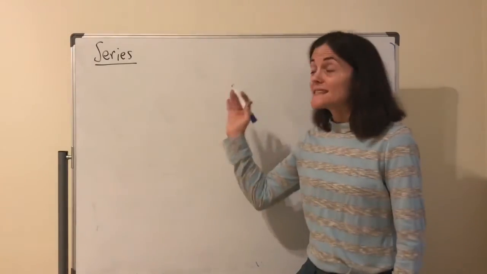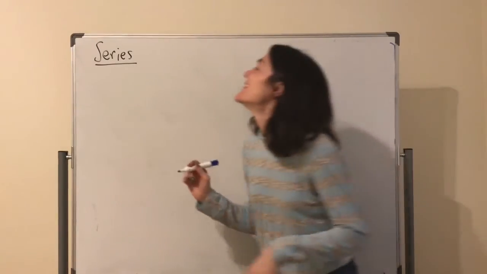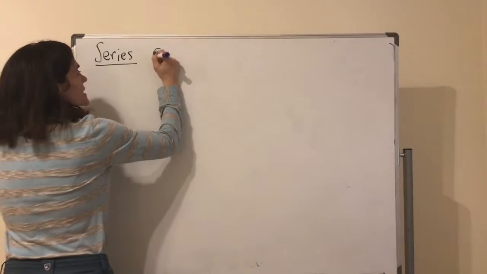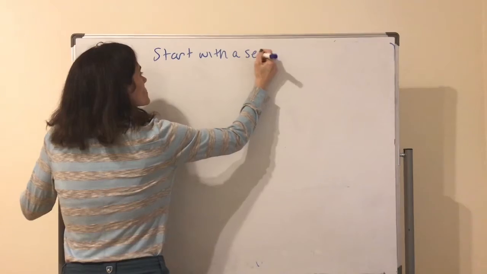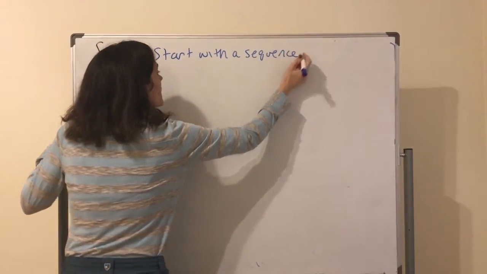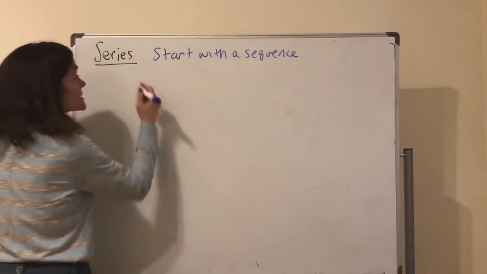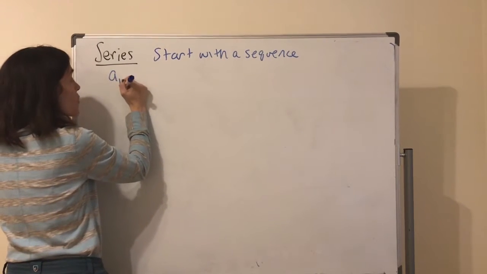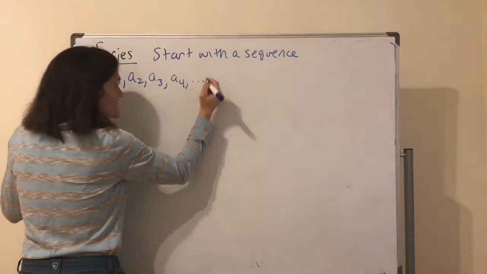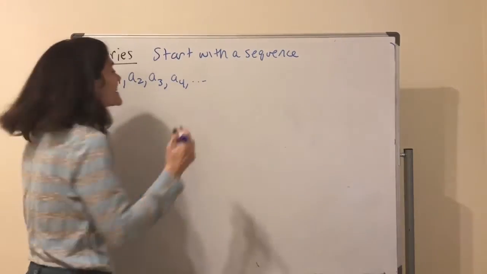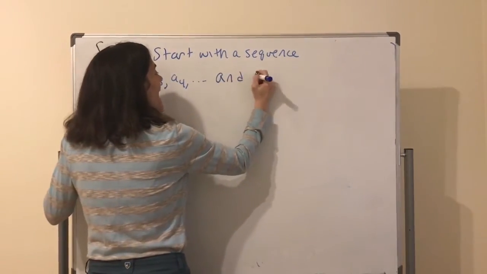What is a series? Well, let's start with a sequence. And this we just discussed. So a sequence is like this: a1, a2, a3, a4, etc. And we add and add.